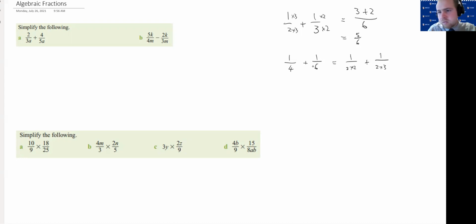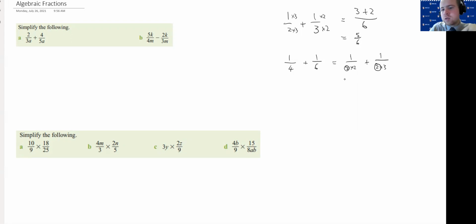But what I've done is written it in factorized form. Factorized form is just when you show everything as all of its factors multiplied together. And you can see here we've got 2 times 2, and then we've got 2 times 3. Now I don't need to multiply. They already have a common factor of 2. Okay, so I don't need to worry about that.